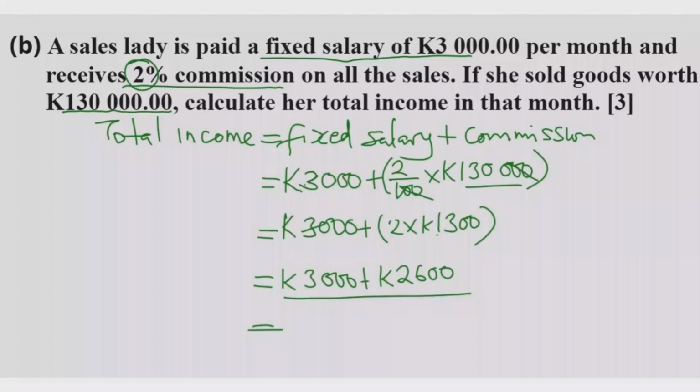Then we evaluate this, 3,000 plus 2,600 will give us 5,600 kwacha. This was the total income of the sales lady.